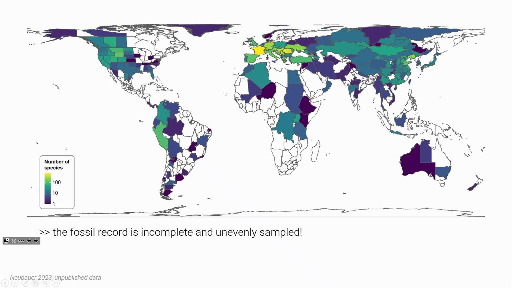You see Europe here, a beacon, and this is simply research history. France and Romania have a quite good fossil record, but I'm pretty sure other regions have this too, but it is not sampled. So the lack of fossils there is not that there were no fossils, but that we do not know them.